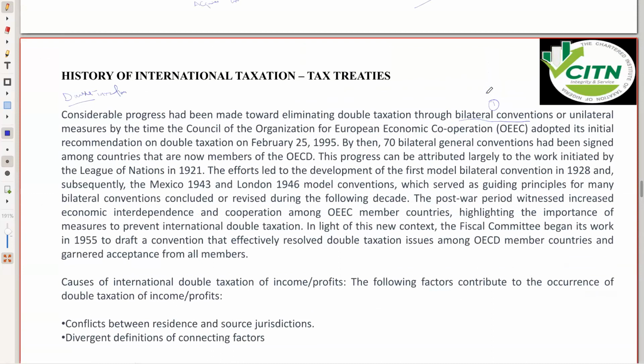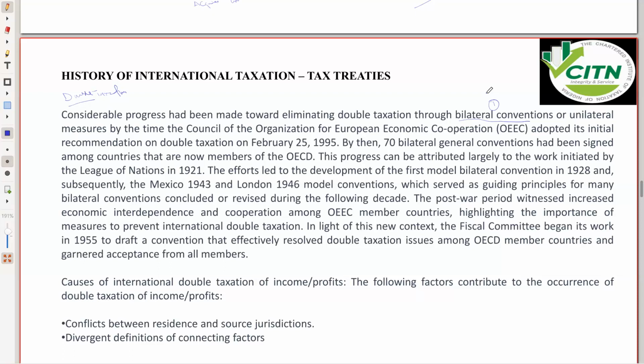So there've been a number of countries that have been involved in bilateral agreements, and the countries too are now members of OECD. And the work they've done has generally been very impactful, and it's helped support global transactions.